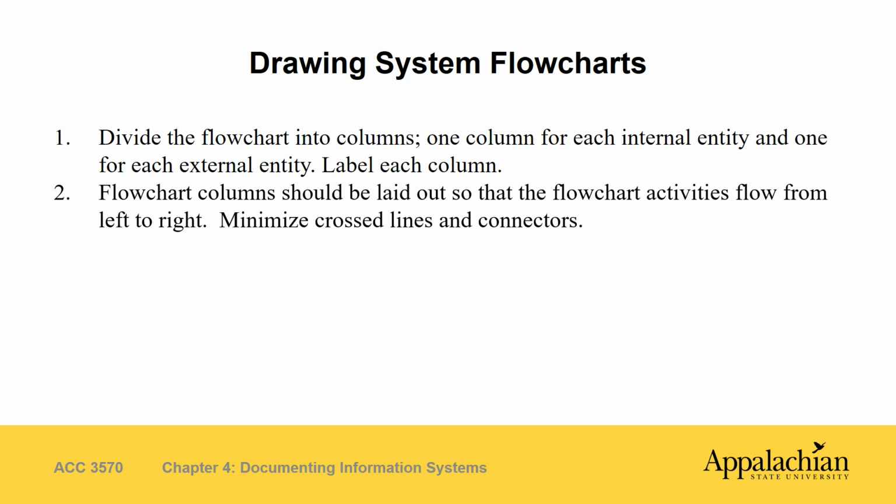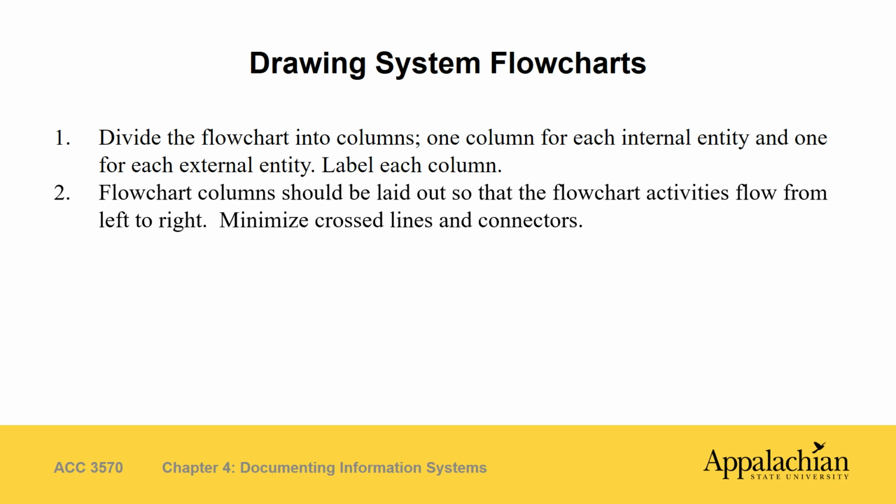Flowchart columns must be laid out so that the activities flow from left to right. So just like with the logical data flow diagram, where you have to flow from internal entity number 1 to internal entity number 2 to internal entity number 3, you lay out a systems flow chart in a very similar manner. And by doing so, you minimize crossing lines and connectors, which for readability purposes, you want to keep to a minimum.